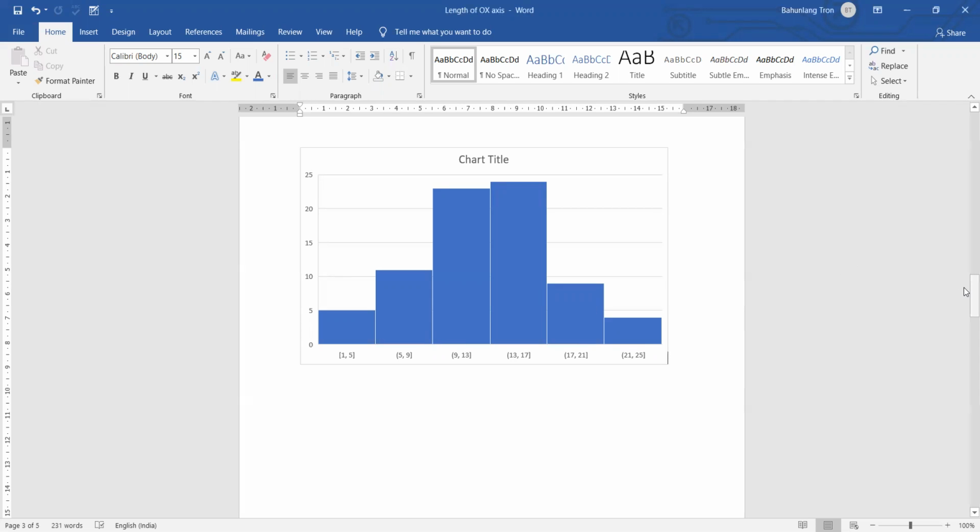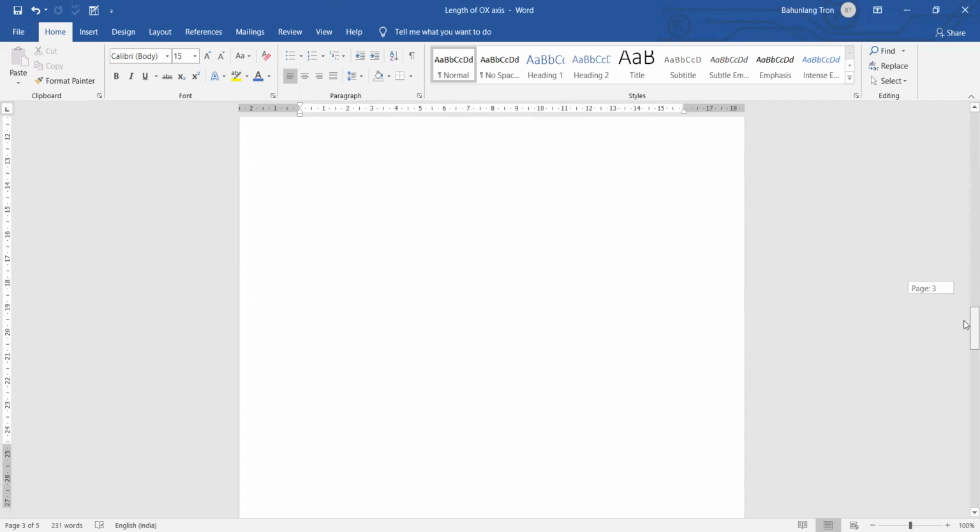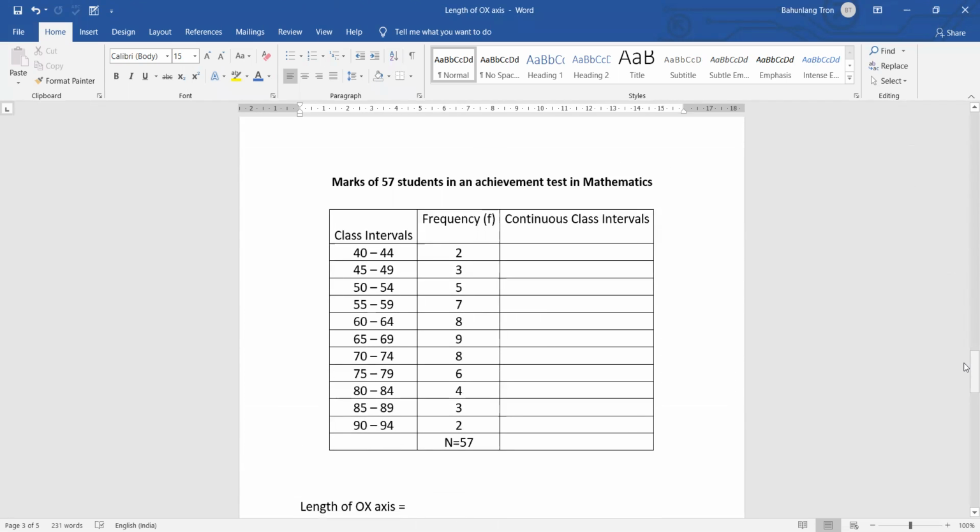In order to understand better, let us consider this example: the marks of 57 students in an achievement test in mathematics.